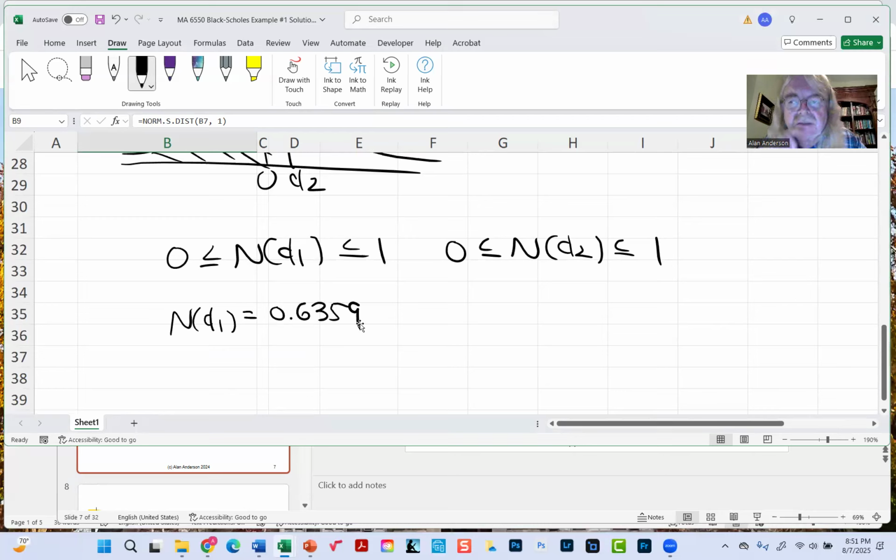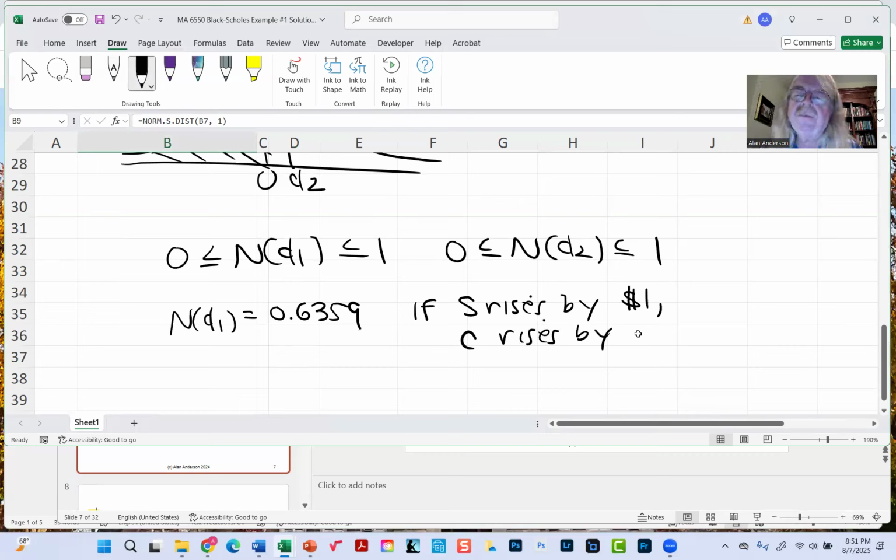That means that if the price of the stock goes up by $1, what that basically means is that if S rises by $1, the call price will rise by approximately 63.59 cents.